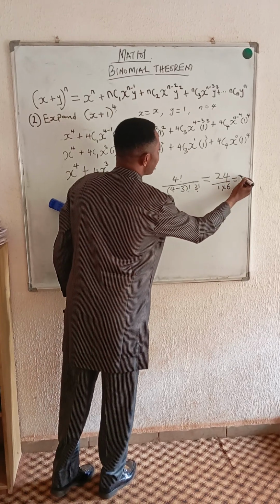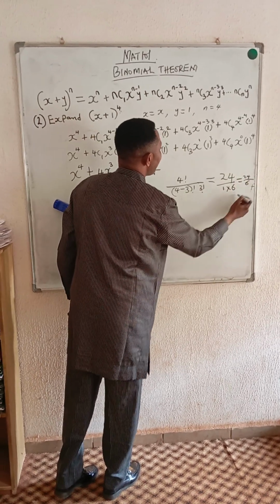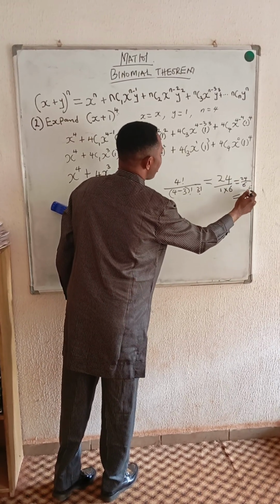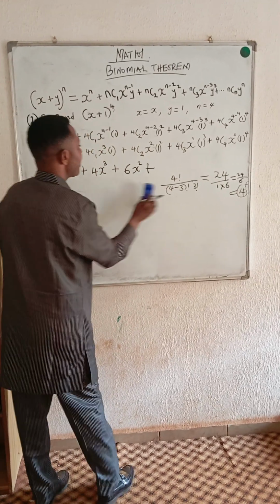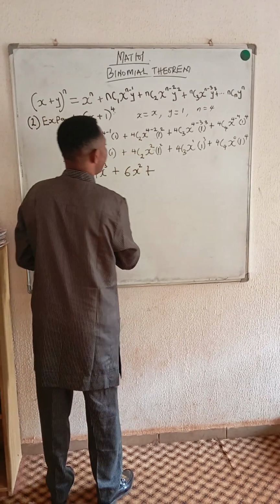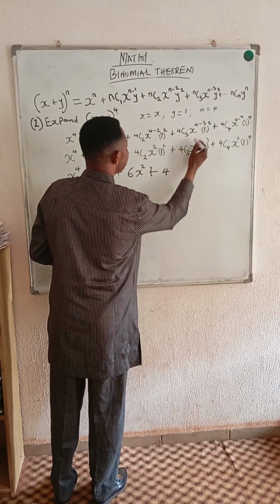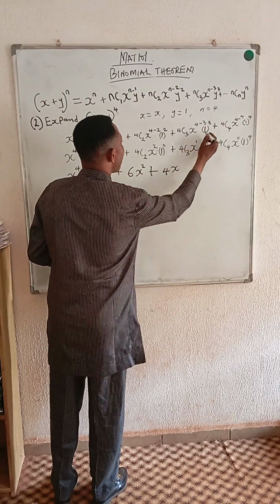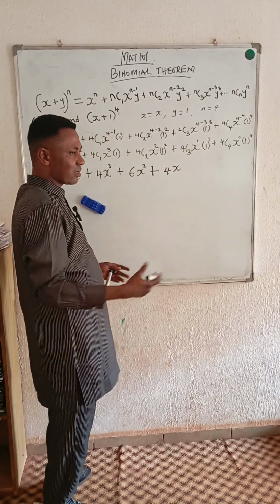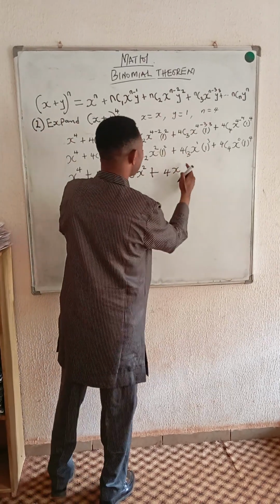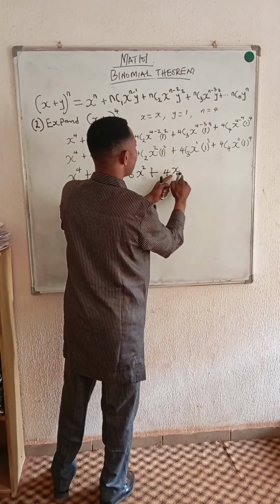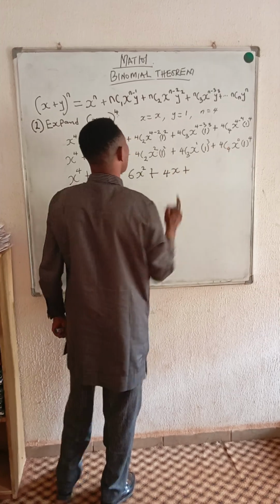So we now have 24 all over 6, the answer is 4. So we bring in 4 here. We have 4, x power 1 is x. 1 power 3 means 1 times 1 times 1, remember, it's not 1 times 3. So that's why we have 4x plus 4 combination 4.